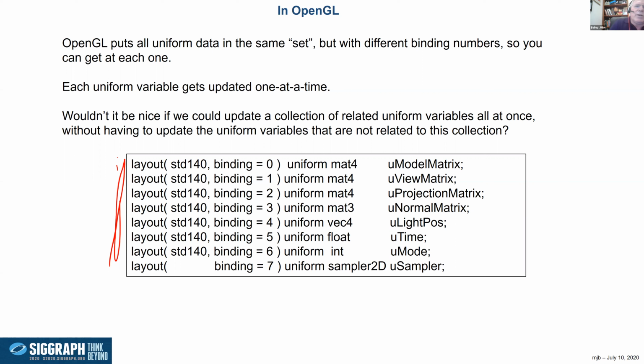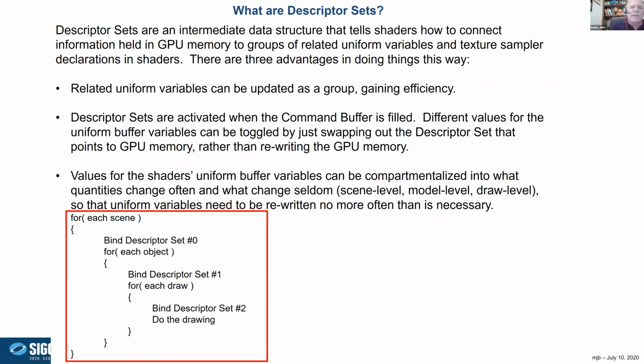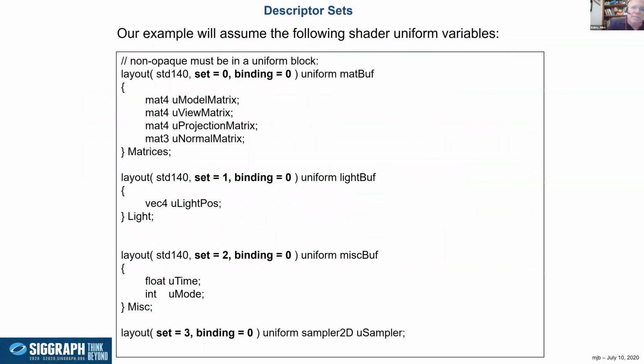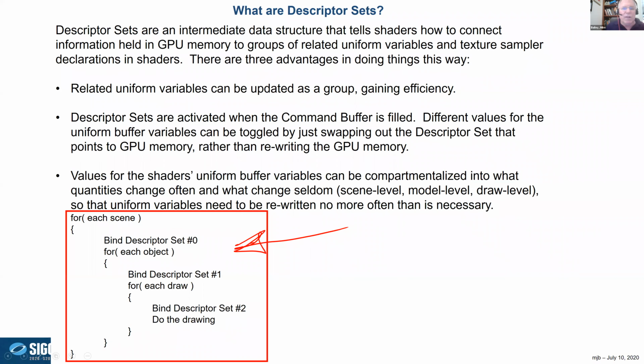Sending them over in a bigger group is much more efficient. So that's what we want to do. And what we want to do is we want to cluster these things in a very logical way. And so imagine that this is the kind of a logical diagram of our program.